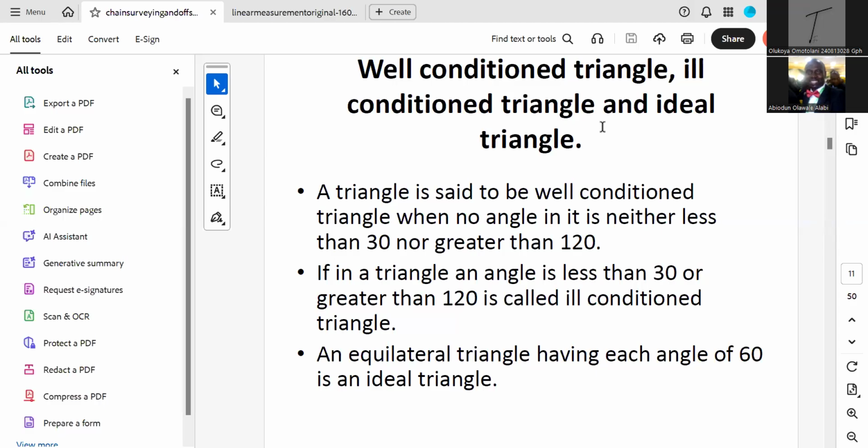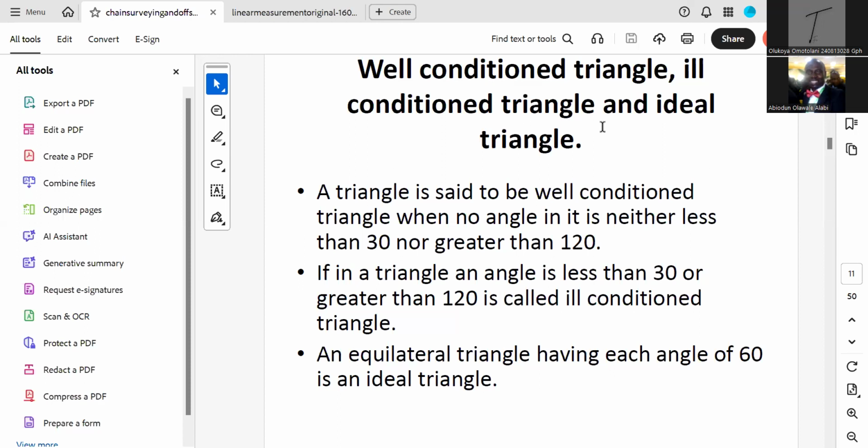So any triangle that violates the rule of a well-conditioned triangle is called an ill-conditioned triangle. An ill-conditioned triangle has an angle that is less than 30 degrees or greater than 120 degrees. Now, an equilateral triangle having angles of 60 degrees is an ideal triangle.